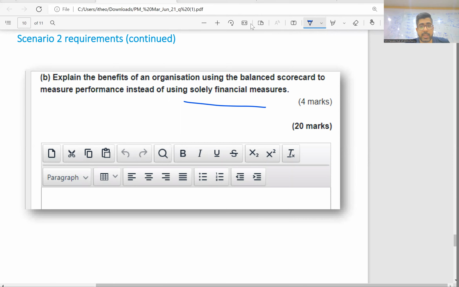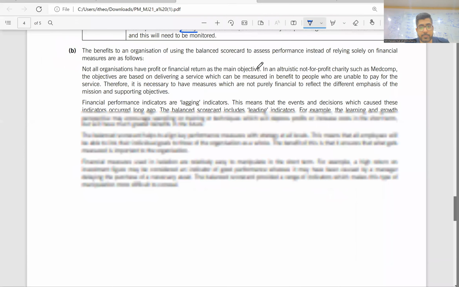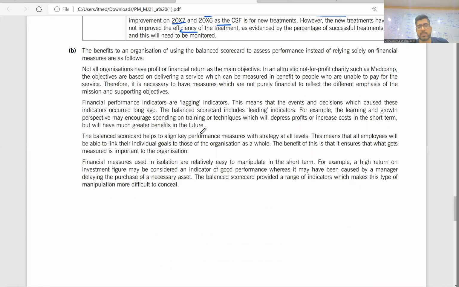And again, you can have a look at the examiner answer. It's a very long answer compared to 4 marks, but still reading it gives you knowledge. The benefits are as follows. Not all organizations have profit or financial return. In a not-for-profit organization, objectives are based on delivering service. Therefore, it is necessary to have measures which are not purely financial. Financial performance indicators are lagging indicators.